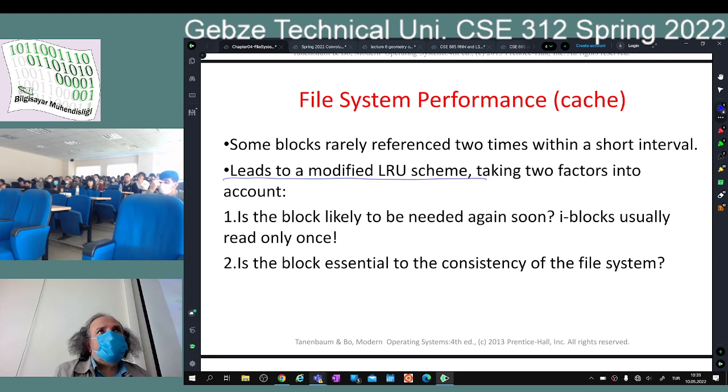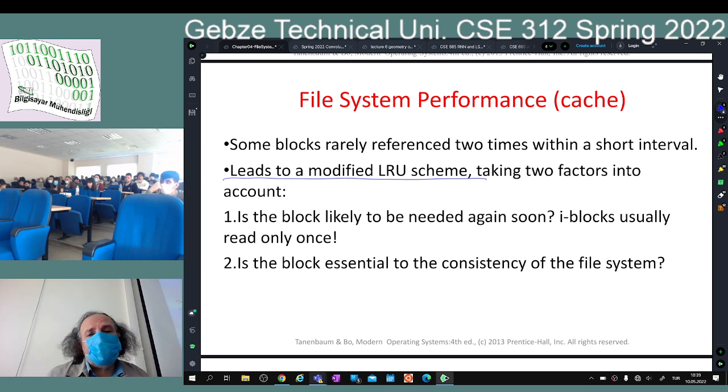So it means what? I don't have to keep that block for the inode in my cache, because I have it already in my memory. So although it is maybe most recently used, I can say that I am not going to put this in the disk cache.